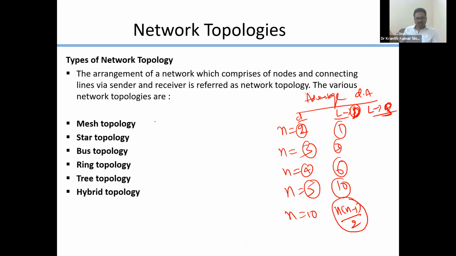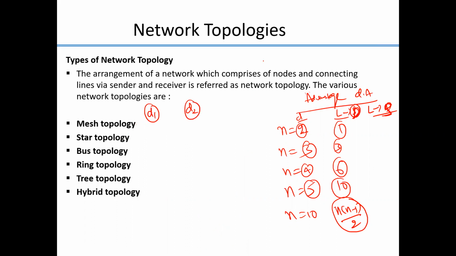We have two devices, device 1 and device 2. What is simplex? Communication in only one direction. So if the link is simplex, how many links are needed to connect D1 and D2 for effective data communication from D1 to D2 and also the reverse, D2 to D1?